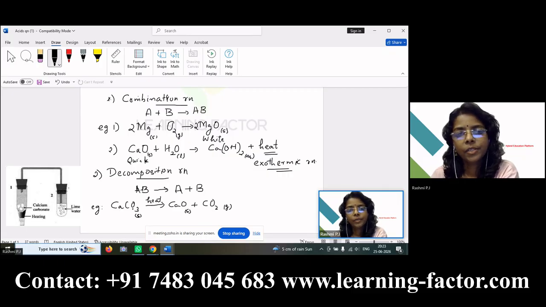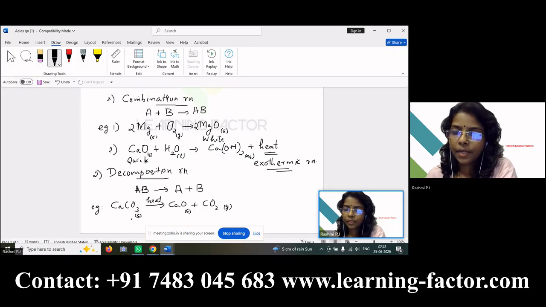So when we heat calcium carbonate, we get two products. Calcium carbonate, when it is heated, gives two compounds, calcium oxide, which is quicklime, plus carbon dioxide gas. So this is an example of decomposition reaction.